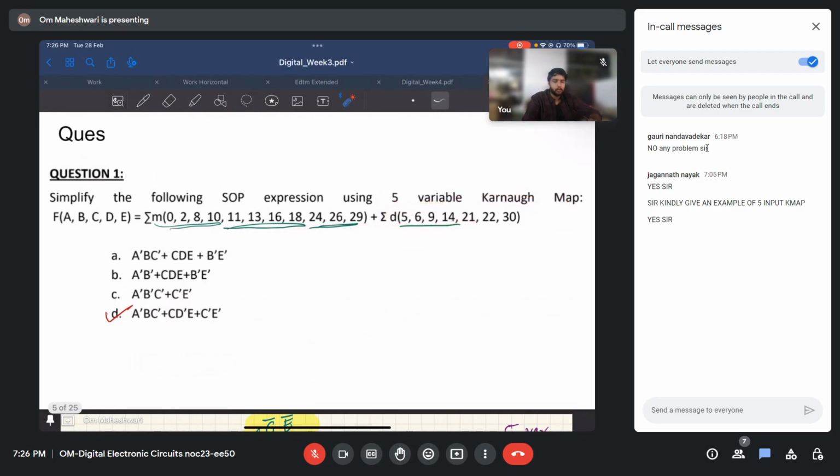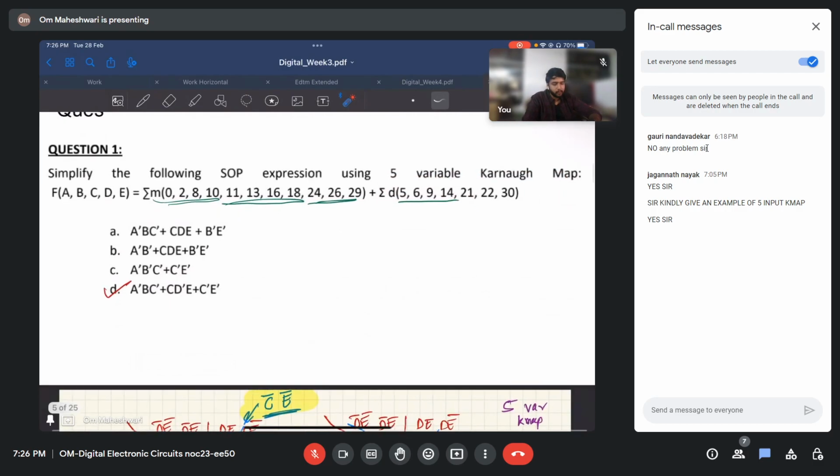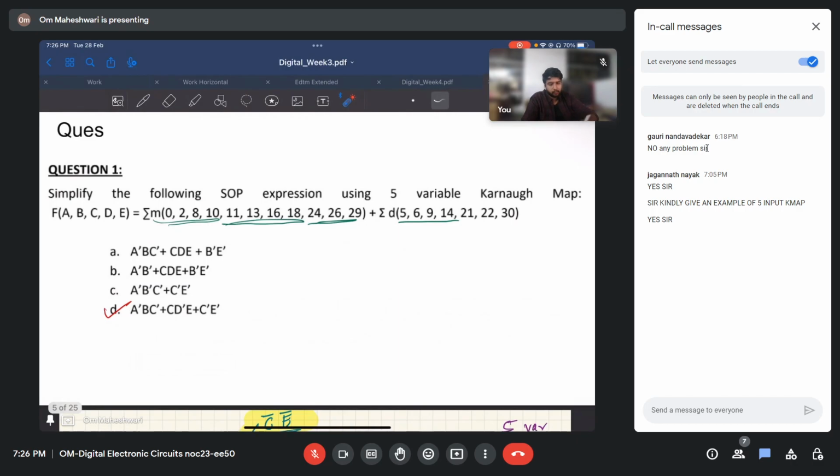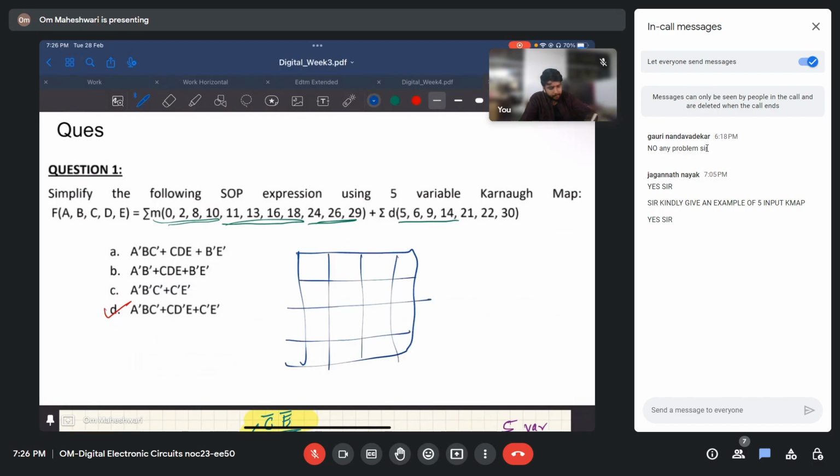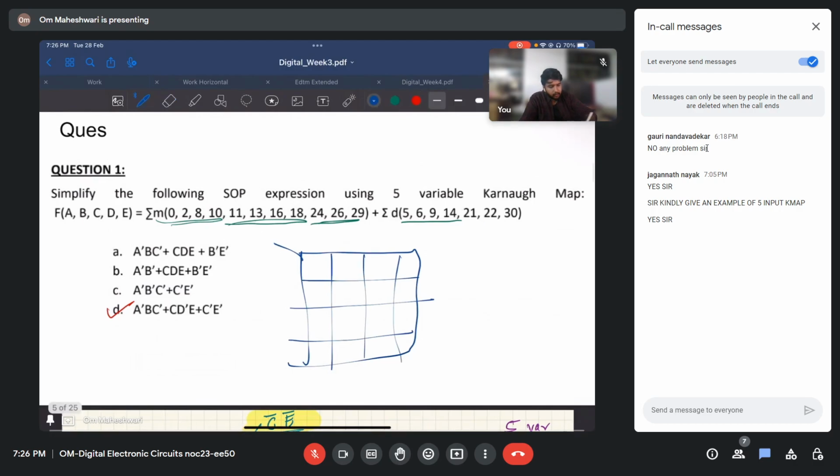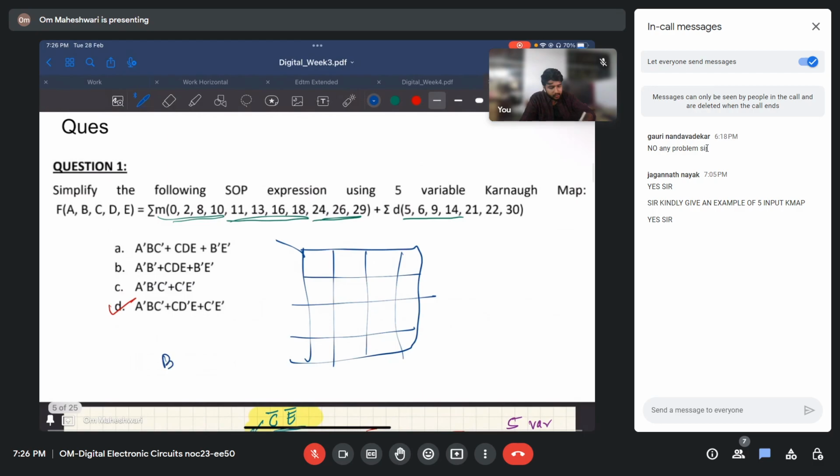So how do we solve a 5 variable K map? We know how to solve a 4 variable K map, right? It looks something like this. Let me take 4 variables as B, C, D, and E. I'll take B, C here and D, E here.